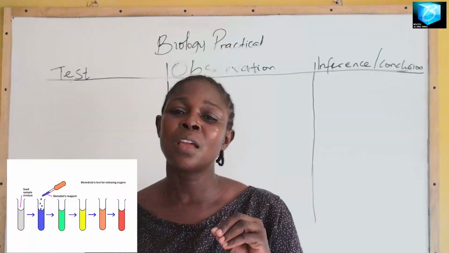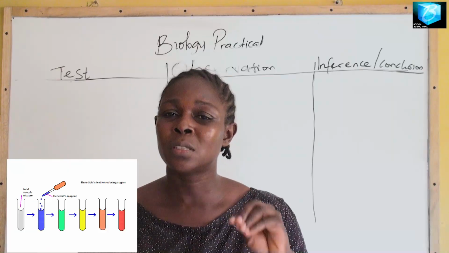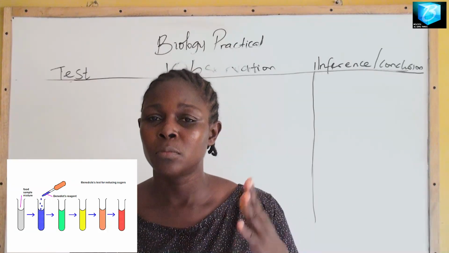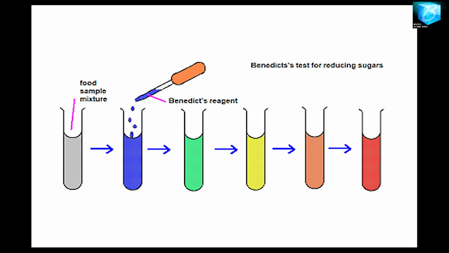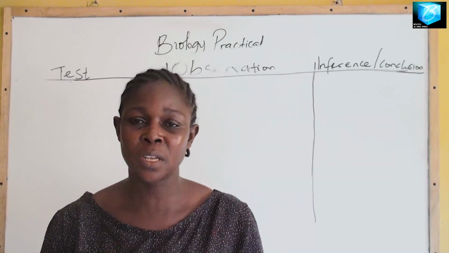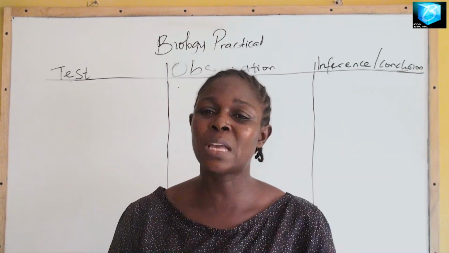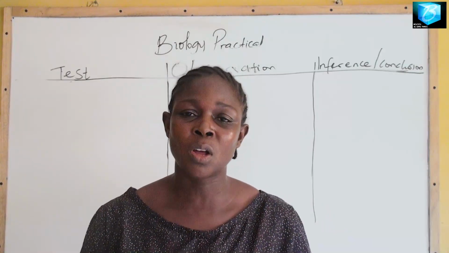So for testing or for verifying the presence of glucose or simple sugar from a food substance, we use Benedict solution. And if it is from fruits, don't forget that you have to extract the juice, put the required amount in a test tube, add few drops of Benedict solution, put it in water bath, then you heat or you boil, and note the color changes.